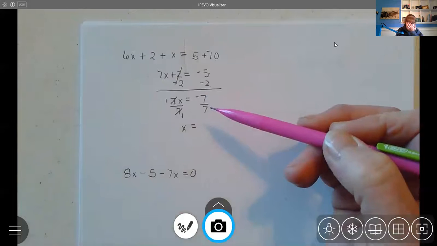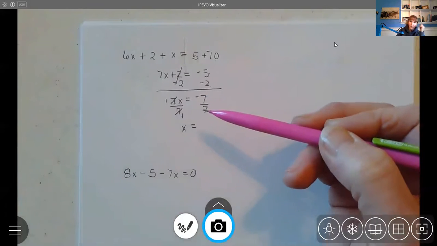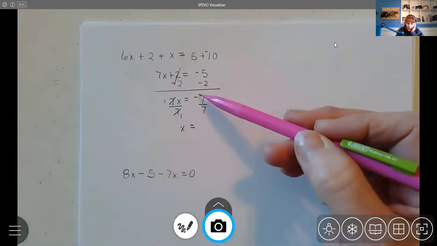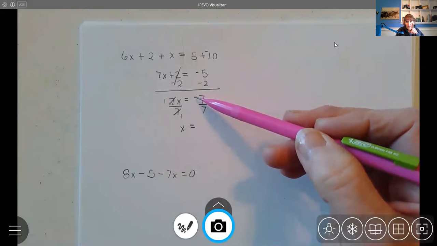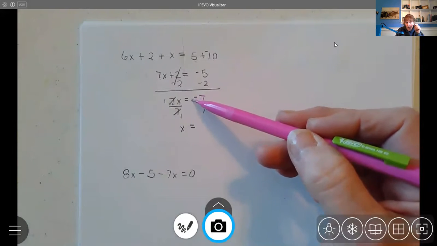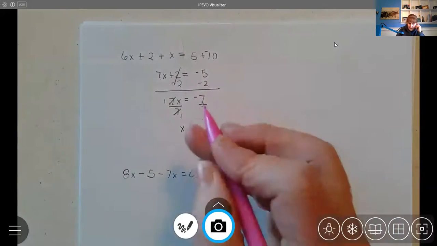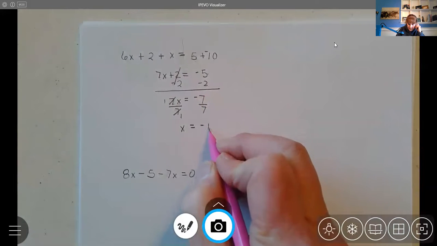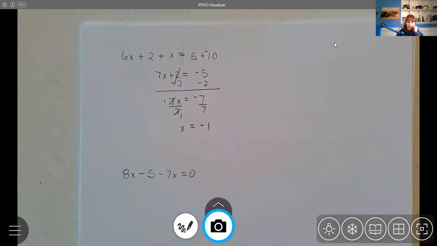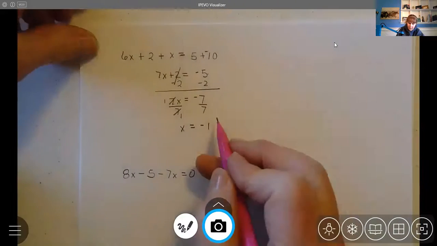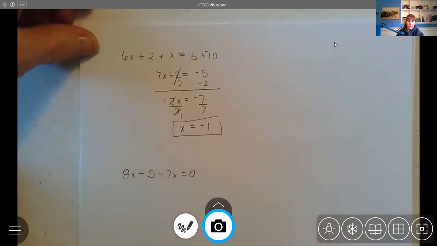Well, remember the negative and positive rules. This is a great review for the final. Whenever you have one negative, which is odd, if you have an odd number of negatives, your answer is negative. So your answer is a negative 1. And you can put that back up into the original and check it. We're just going to keep moving on. So x equals a negative 1.